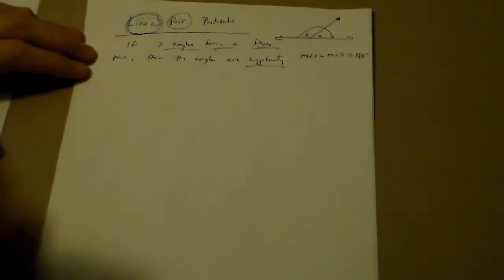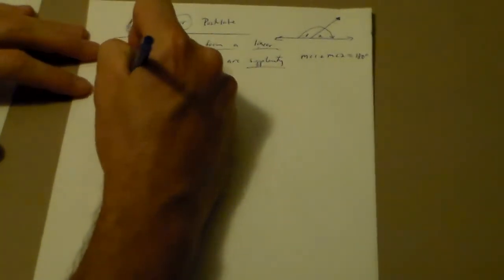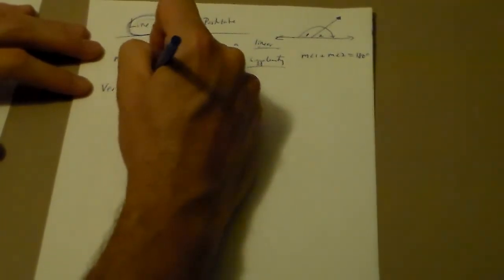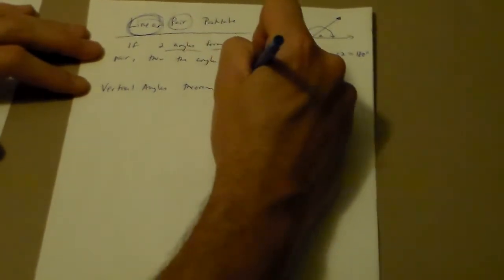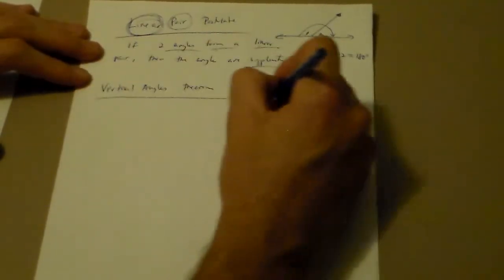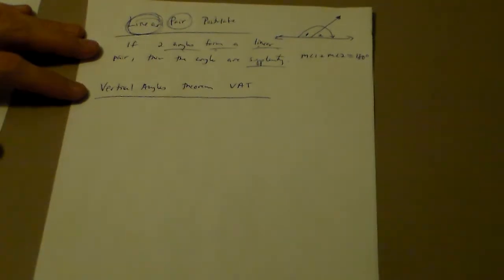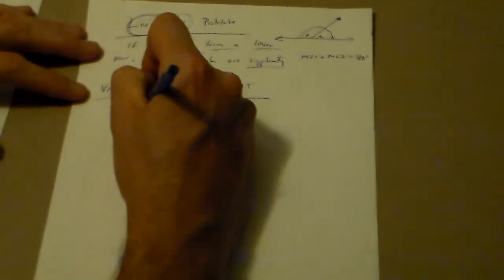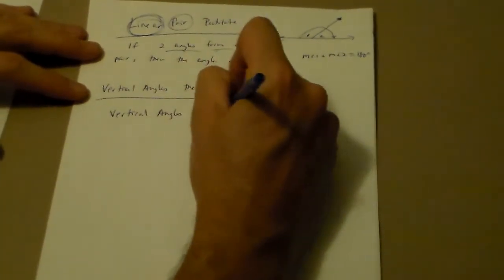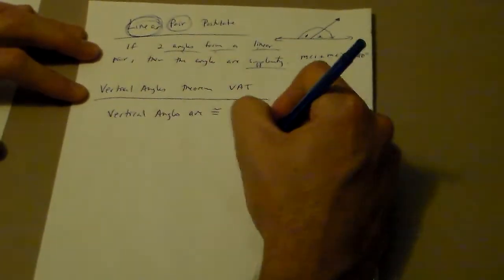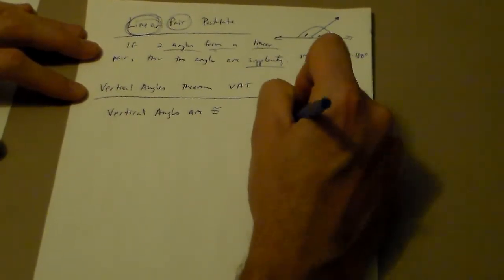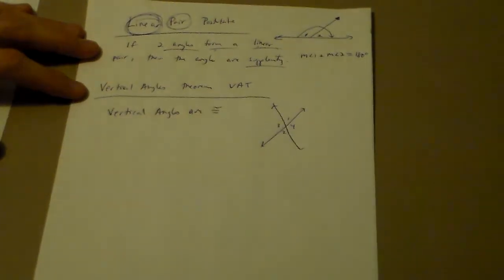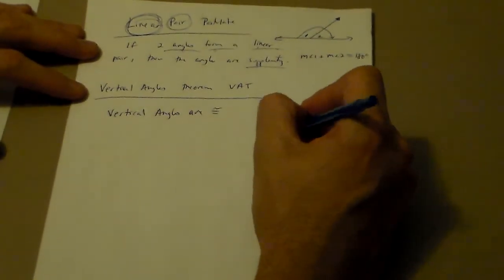And this next one you're going to see over and over again as well. This is called the vertical angles theorem. I like to call it the VAT. Vertical angles theorem. And all this says is, we already know this, but vertical angles are congruent. So if I had a picture that looked like this, and I had 1 and 2, and then I had 3 and 4, vertical angles are congruent.